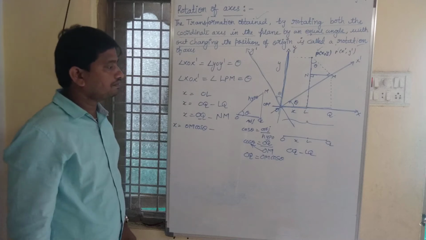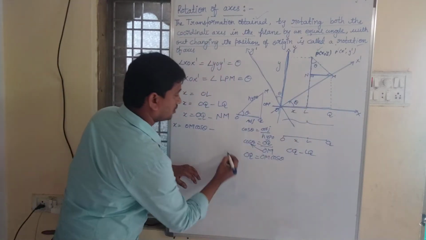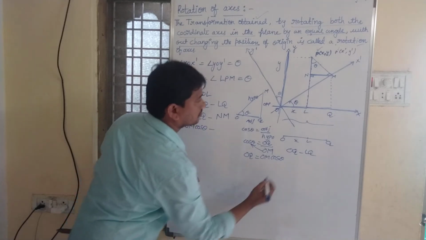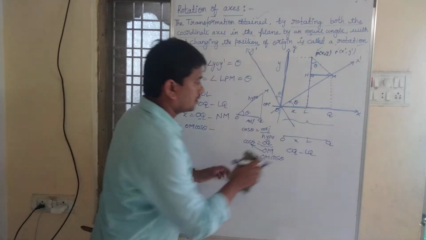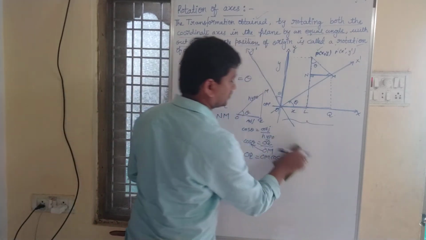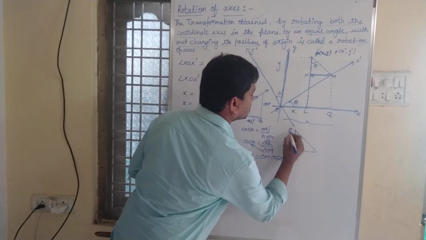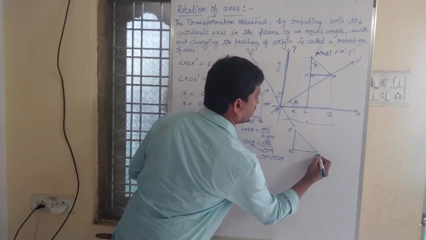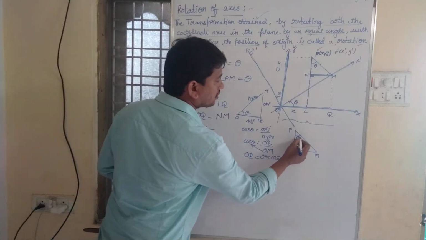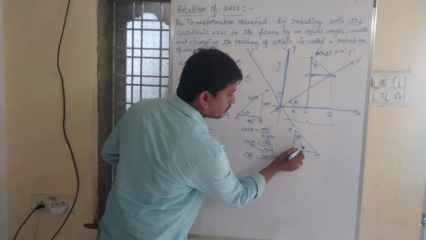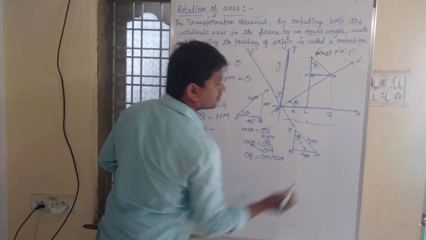Now coming to NM, consider this triangle P, N, M. We want NM, so the angle is here. This will be the opposite side and this will be the hypotenuse.